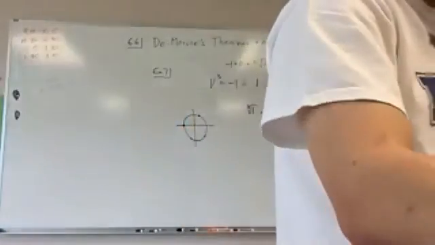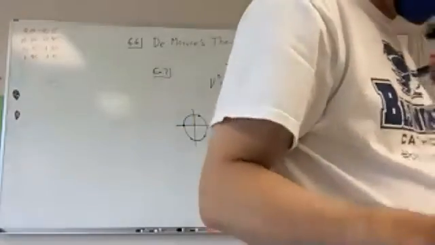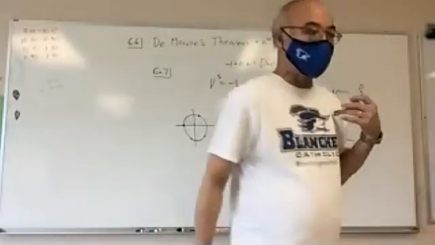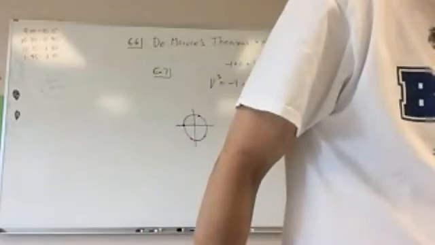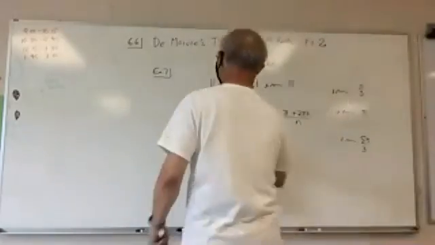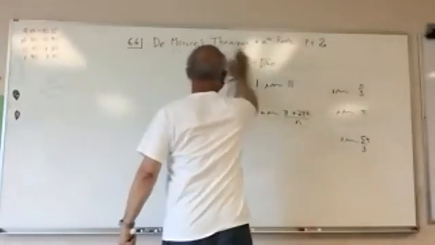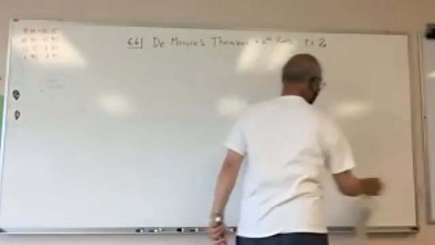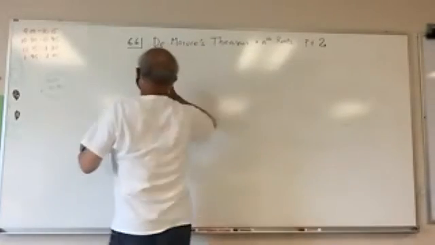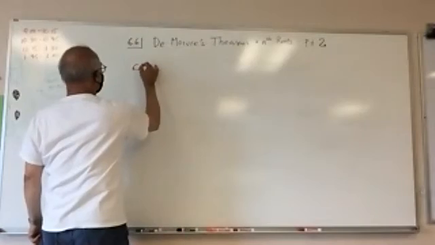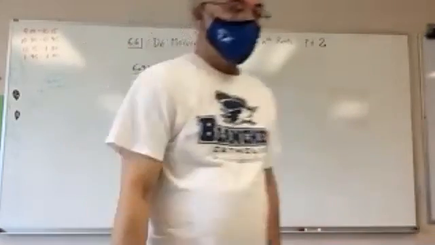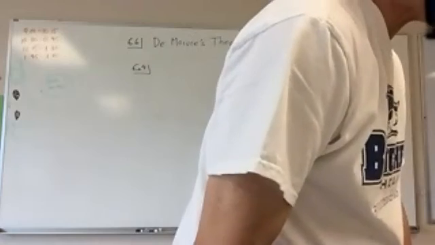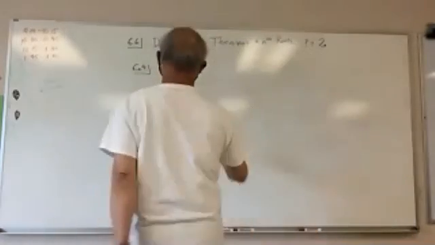Okay, so let's go ahead and do the last one. Example number 9. Did we do 8? Oh, we just did 8, right? Let's do 9. Example number 9. Find the eight roots of unity.